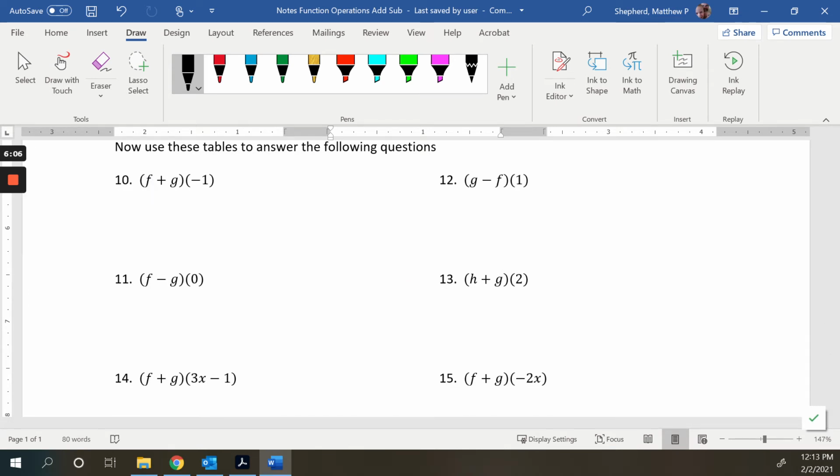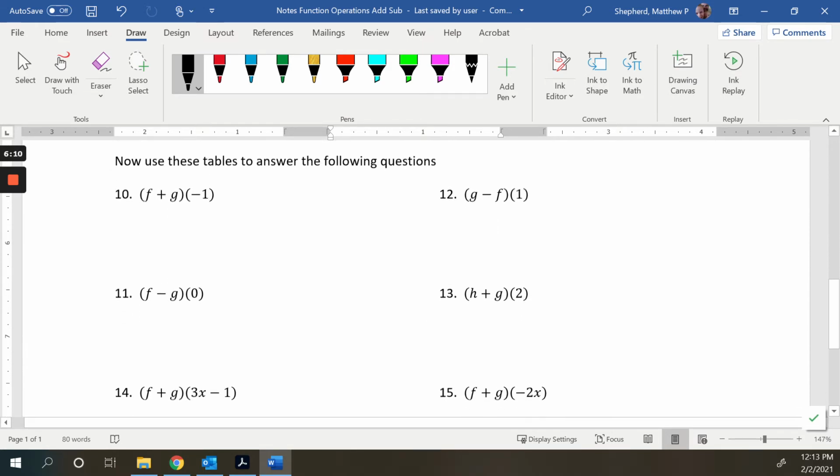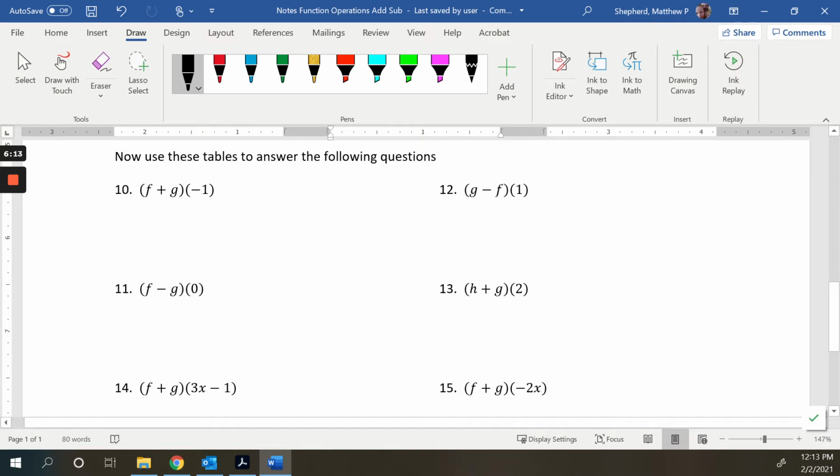All right, now you probably noticed I had some tables up here. I'm going to ignore those for just a second. I want to come down here and do one of these problems, and then we'll see why those tables can, under certain circumstances, be very helpful.